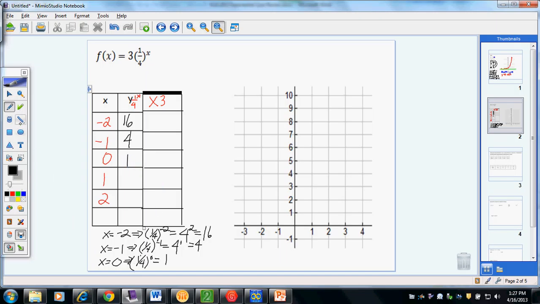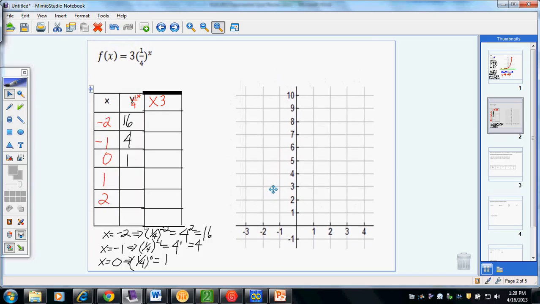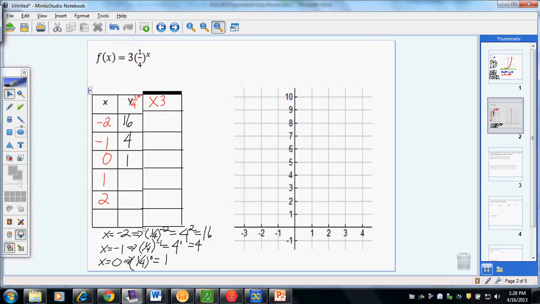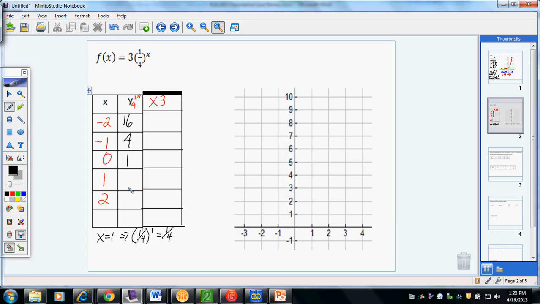Okay, so I'm going to go ahead and erase this so I can have a little bit more room. Actually, let's do this instead. Nope, can't do that. Okay, so now when x equals 1, this implies 1/4 to the first power, which equals 1/4.